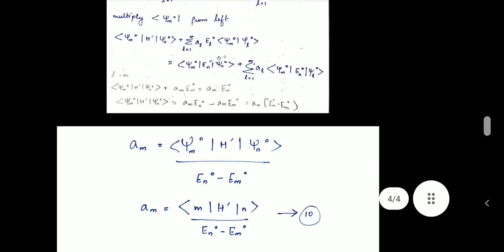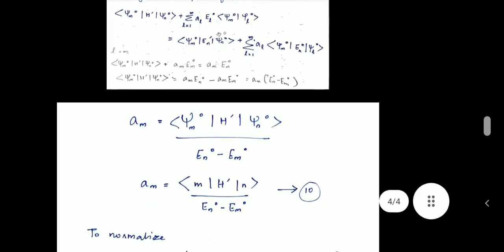Rewriting all the terms and multiplying bra vector of psi m naught from left, we arrive at this equation. When we equate L is equal to m, we arrive at this equation by reducing everything, and with Dirac notation after reducing everything, we arrive at this equation, and we rename it as 10.